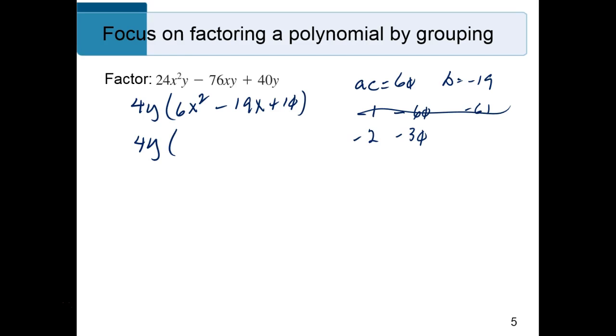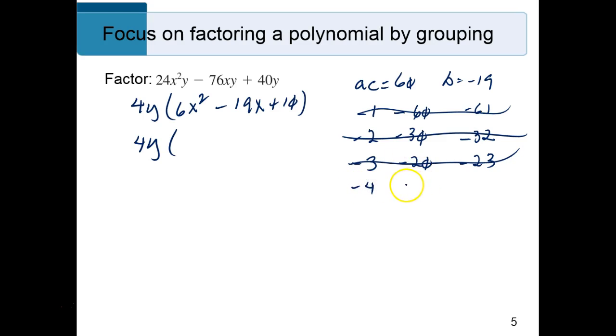So do the next one, minus 2 and minus what? Multiply to be 60. Negative 2 and negative 30. And they add to be? Negative 32. Closer, but still no cigars. Next one. Negative 3 and negative what? 20. Those add to be negative 23. Closer, but still not. Next.